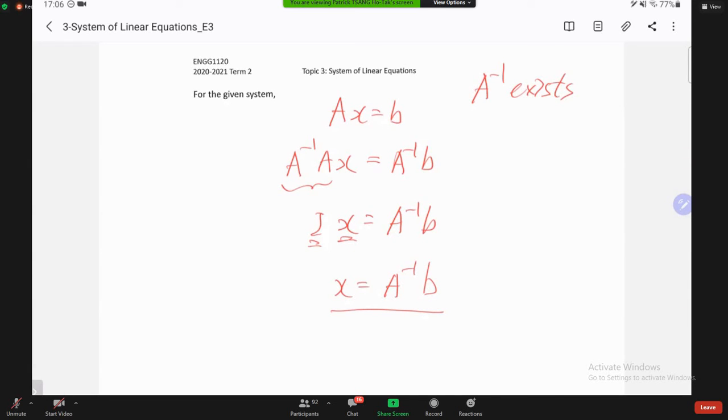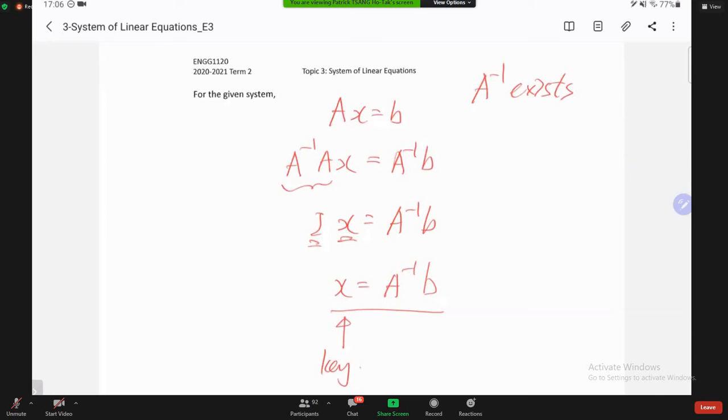And I hope you can convince yourself why you should learn this. Why you need to learn Gaussian-Jordan elimination, and then we extend it to the way we find out the A inverse, because we want to find effective ways to solve the system. That means we want to solve for X, the key.